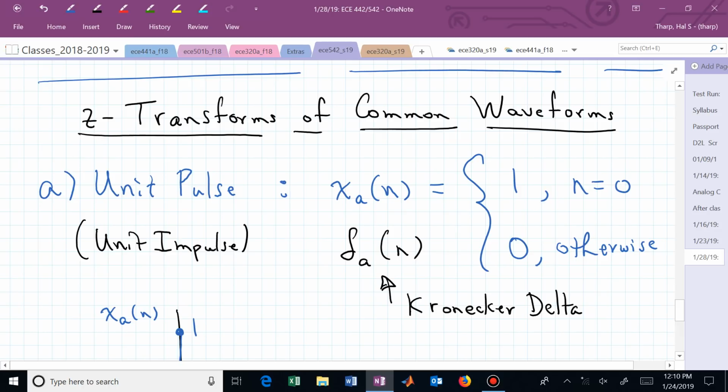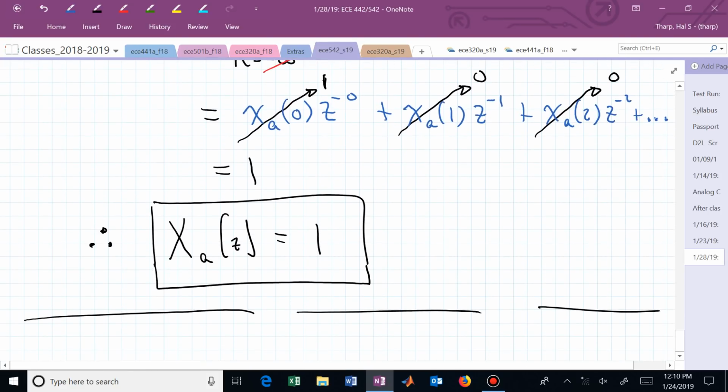If you viewed this as an input signal, you could ask, what's its frequency content? Its frequency content is telling you that no matter what the frequency is, you have the same frequency response. So if we apply this waveform to any system, we're hitting that system with the same excitation, or each frequency is being excited in exactly the same way.